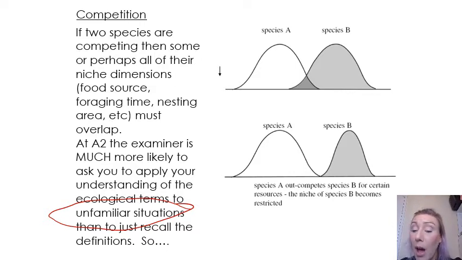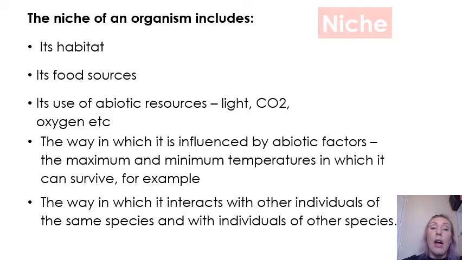So remember, organisms occupy different niches because the niche is not just where they live, but also their role, what they eat, when they eat, and the other interactions with other organisms. So think about everything that might be in the niche of an organism.